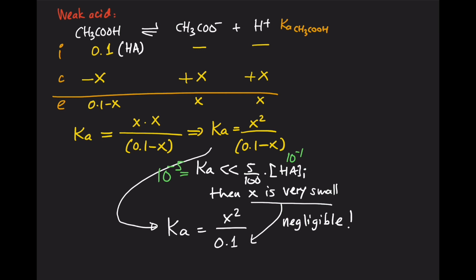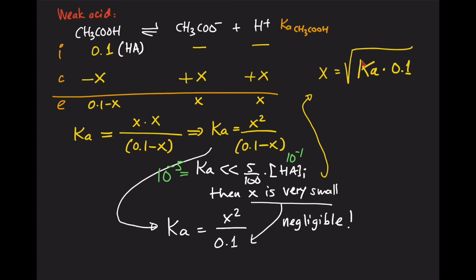And therefore, if we move up here, we will get that X will be equal to the square root of the Ka multiplied by 0.1.